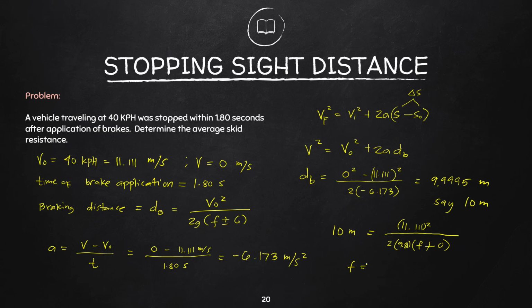You can already manipulate this equation; I will not be showing it. So this is equal to 0.629 or 0.63. Okay, so as long as you know the concept of the stopping sight distance, you can compute for these problems.